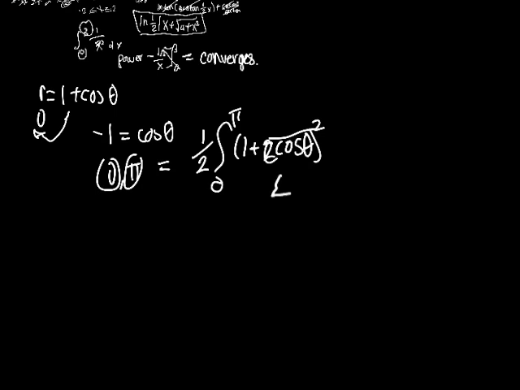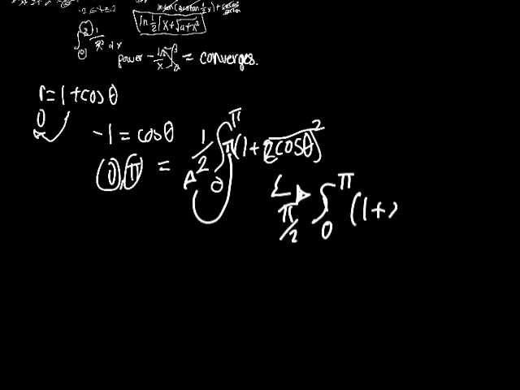So now when we do that, we can rewrite this equation, taking out the constant of pi over 2, pi over 0 of 1 plus 2 cosine theta plus, since we distributed this, plus cosine squared.